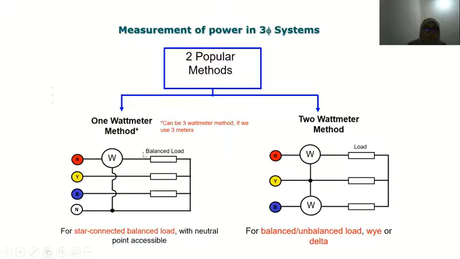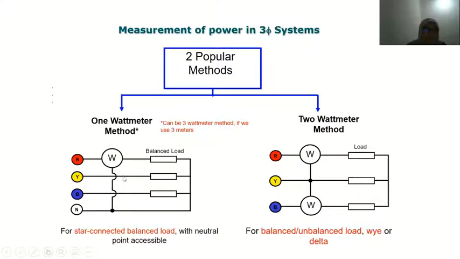The 1 wattmeter method, or the 3 wattmeter method if you have 3 meters, is used for a star connected, balanced load with the neutral point accessible.